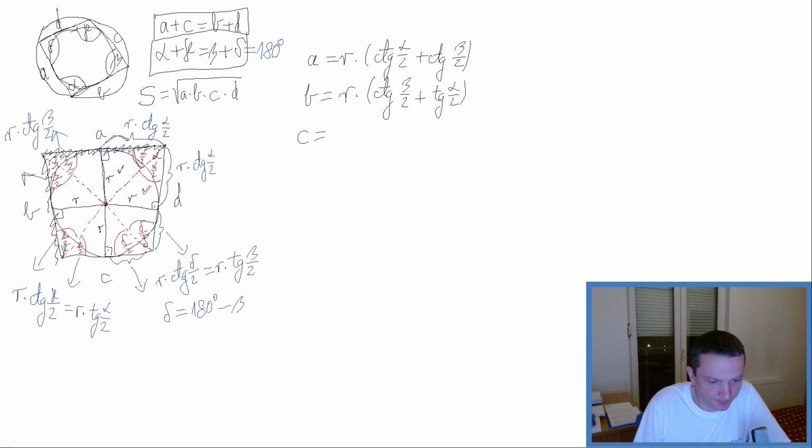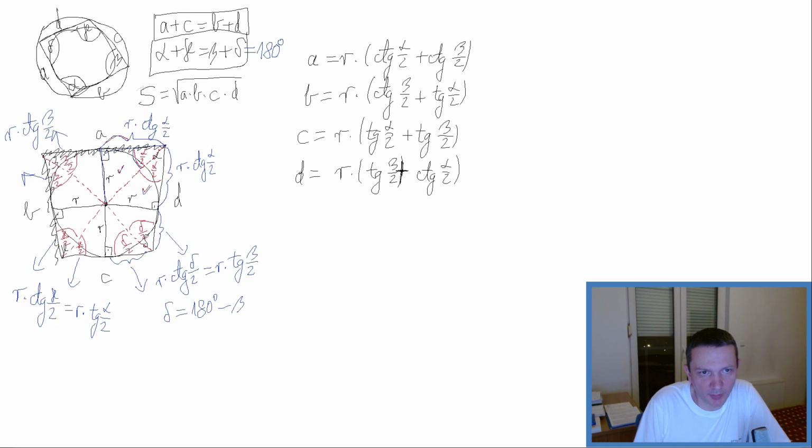C is equal to r times the tangent of alpha half plus the tangent of beta half, and D is equal to r times the tangent of beta half plus the cotangent of alpha half.